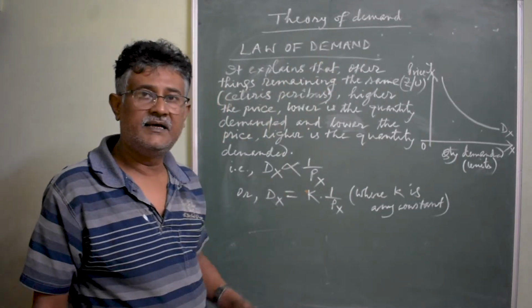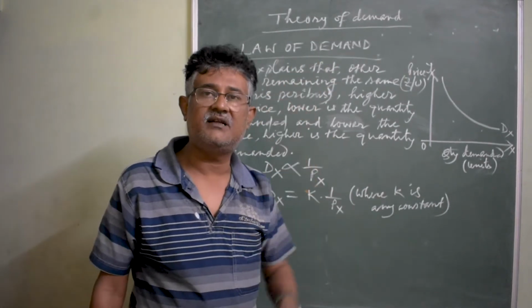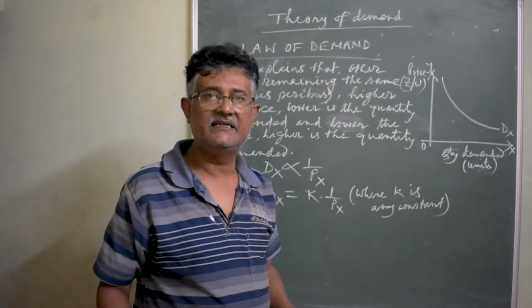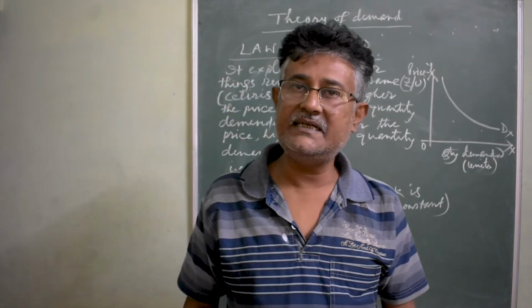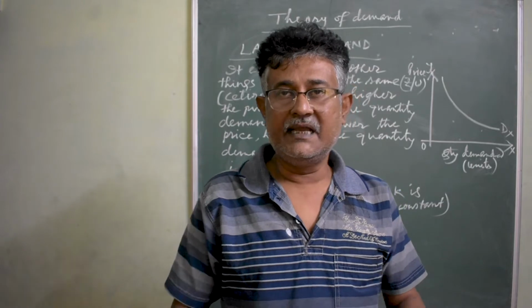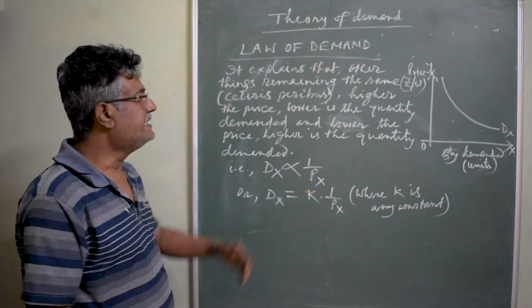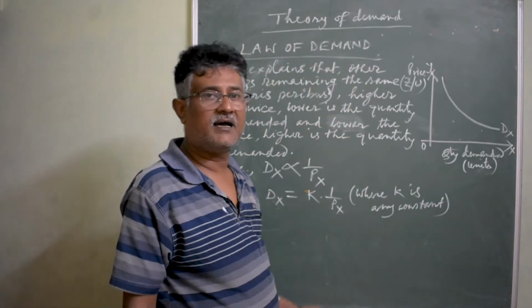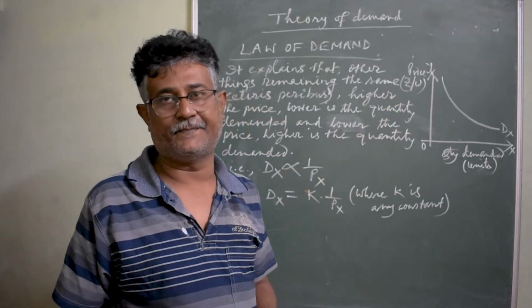Law of demand explains the functional relationship between price and quantity demanded. It should be noted that it explains this other things remaining the same.